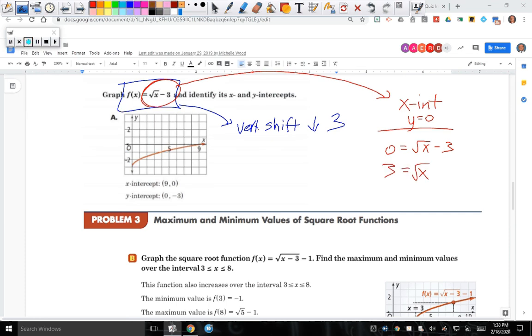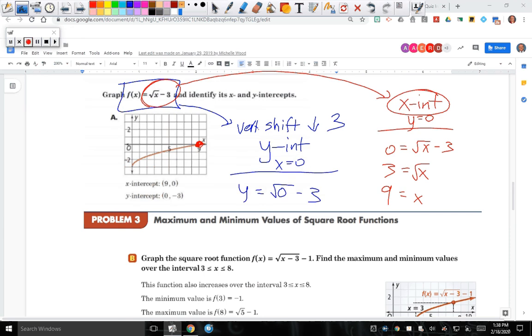Square both sides. So x is equal to 9 is exactly where I hit the x-axis. Anyone? What do I do to get the y-intercept? Plug in 0 for x. So if I plugged in 0 where x is at in the original equation, what do I get for y? Negative 3. Because the square root of 0 is 0.